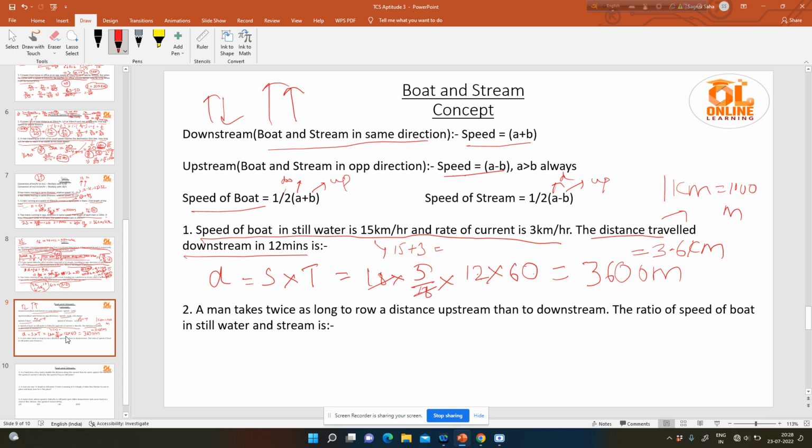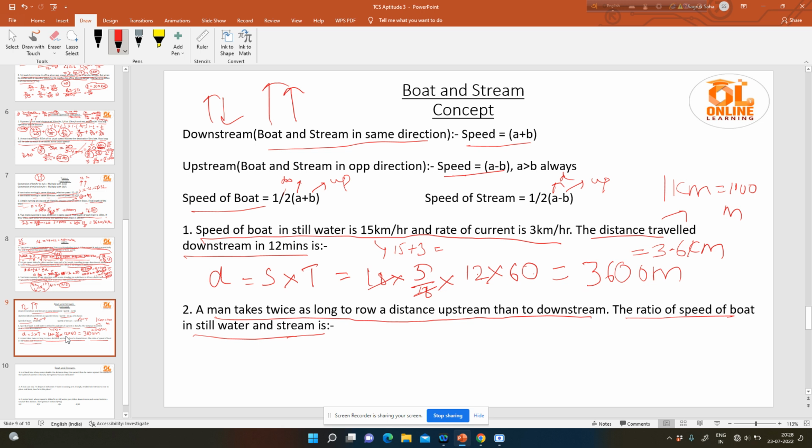Hope you have understood. Now, a man takes twice as long to row a distance upstream than to downstream. The ratio of speed of boat in still water and stream is. So a man takes twice as long to row a distance upstream than to downstream. So their distance is same.